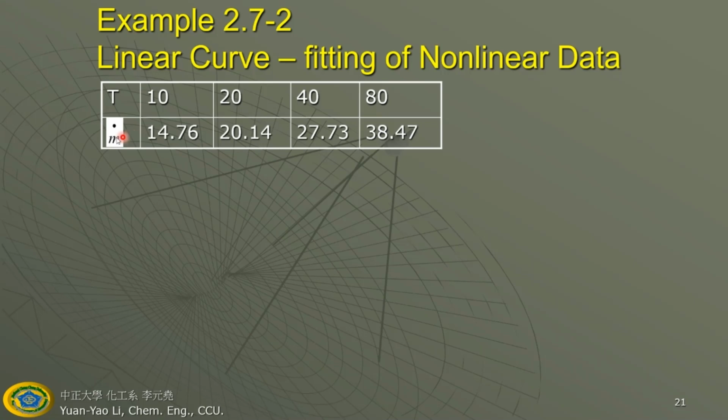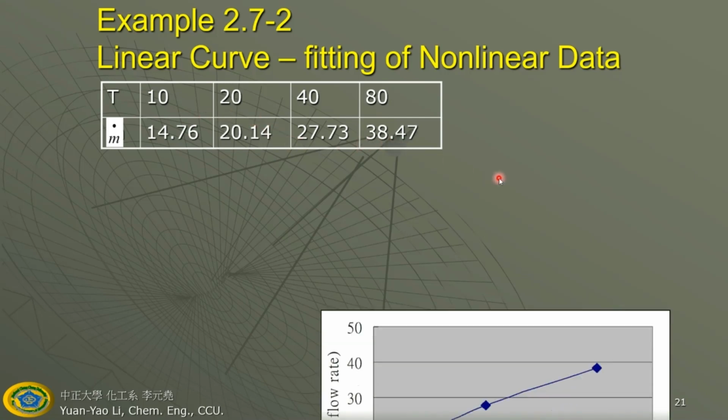Previously, I told you that V dot is volumetric flow rate, which is volume divided by time. So we call it volumetric flow rate. And this m divided by time means mass flow rate. And mass flow rate is related to what? Temperature. If the temperature goes higher, the mass flow rate goes higher.